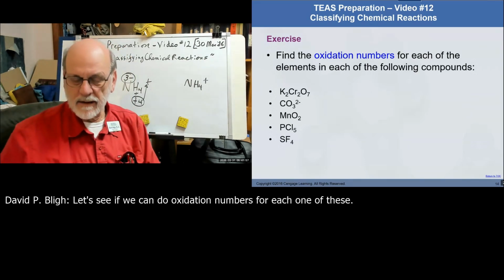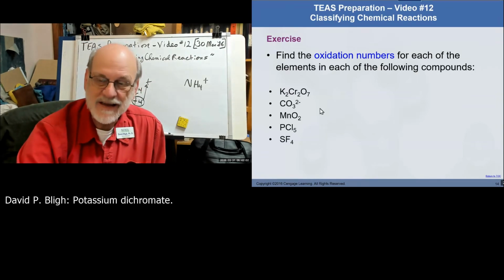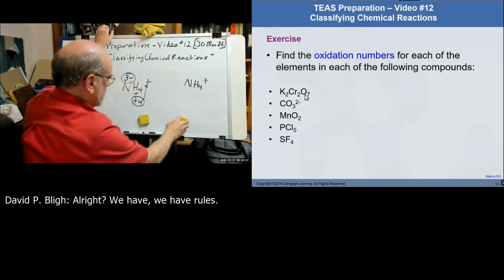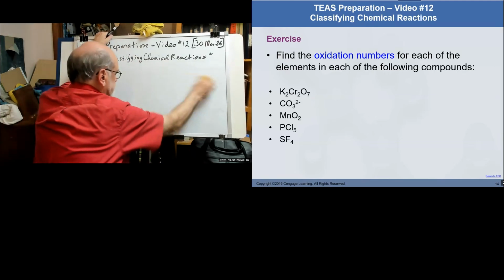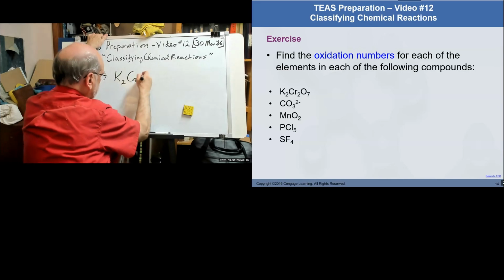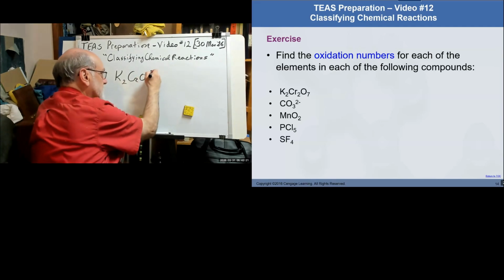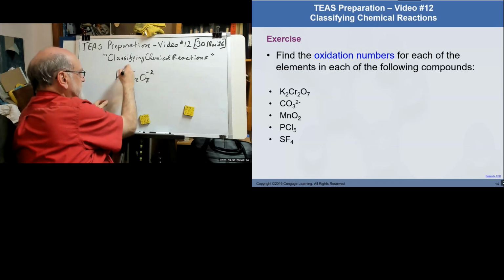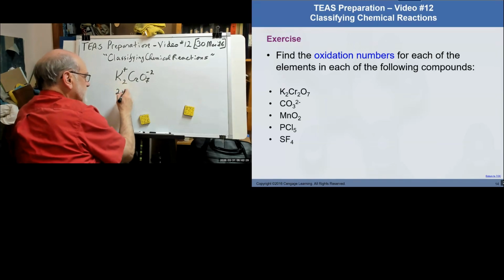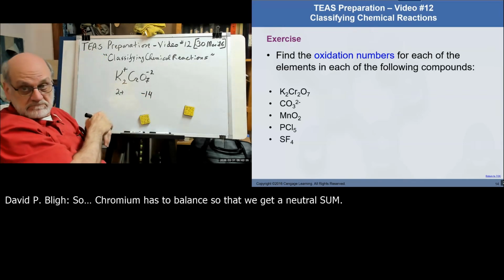Okay, let's see if we can do oxidation numbers for each one of these. Potassium dichromate. We have rules that will accommodate the oxygen and the potassium. So this is a total of 2 pluses. This is a total of -14.